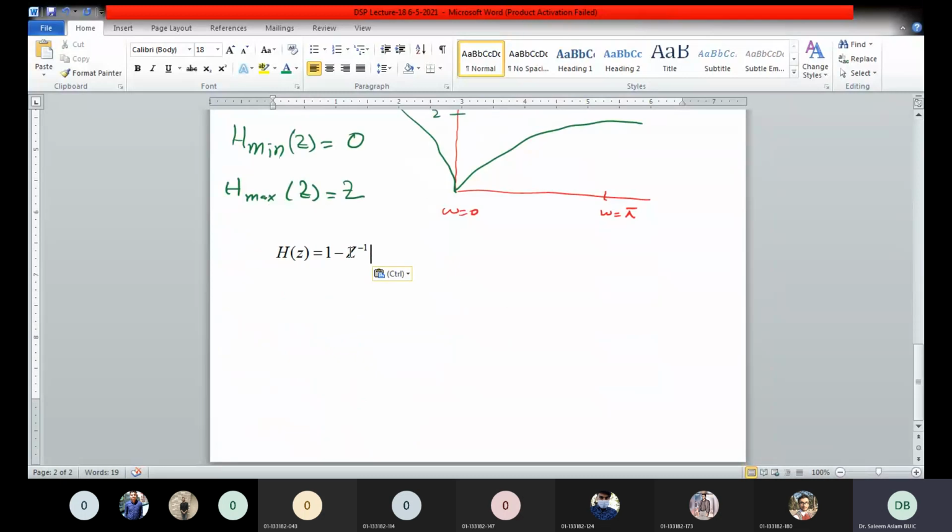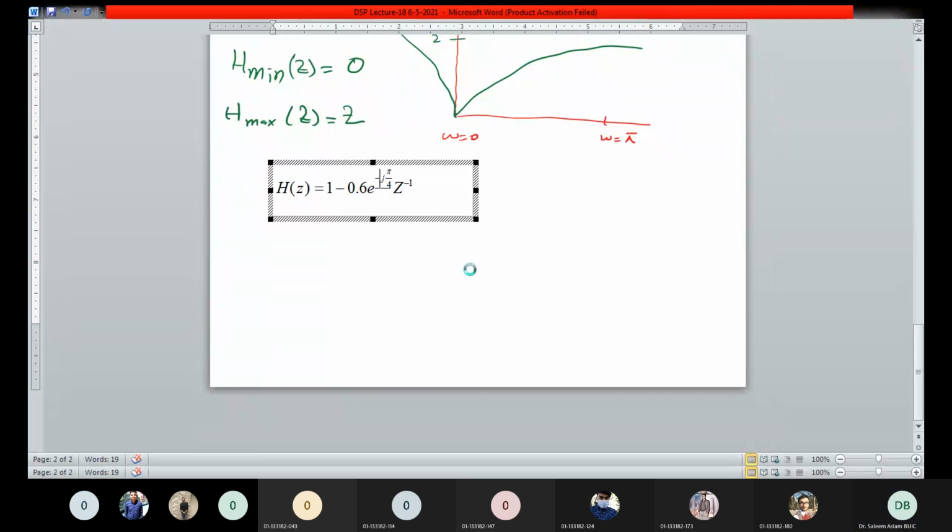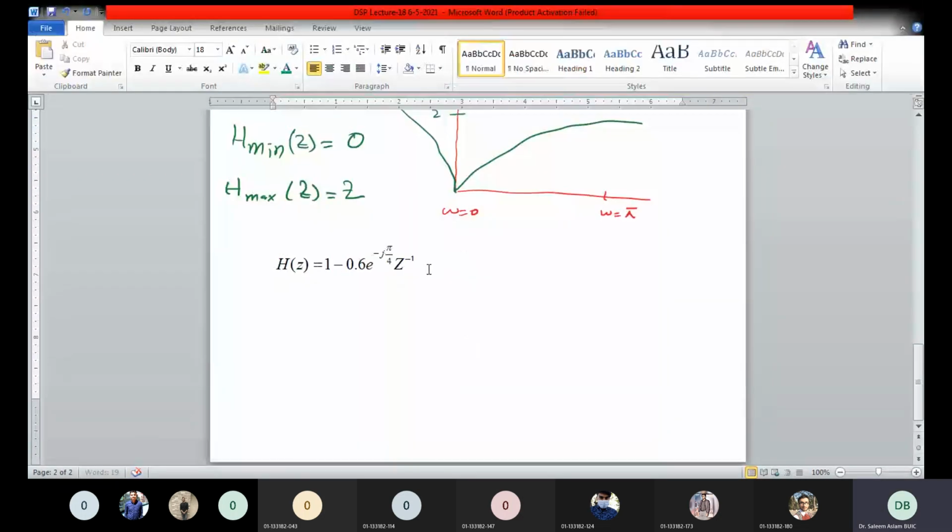What would be the magnitude spectra of this system? 0.6 e to the power j pi/4. We already did this in the last lecture as well, so that's why I'm covering it quickly. So I need to bring this in the power, and I need to add a minus sign here. Let me zoom in a little.